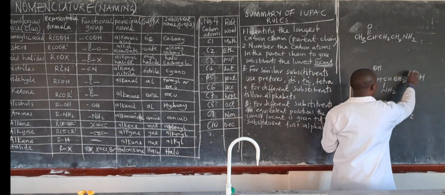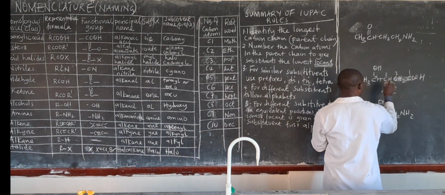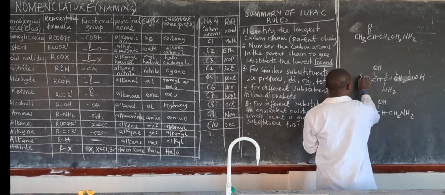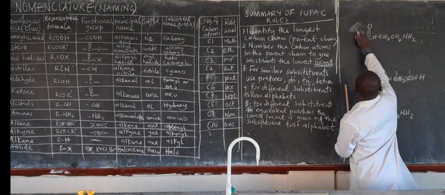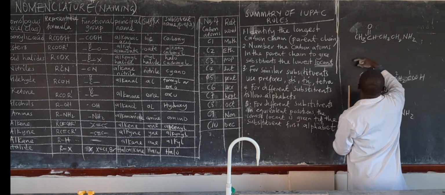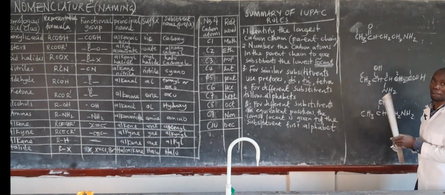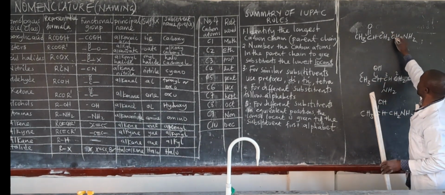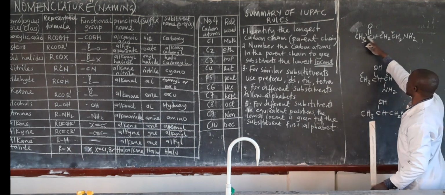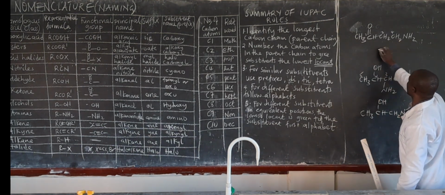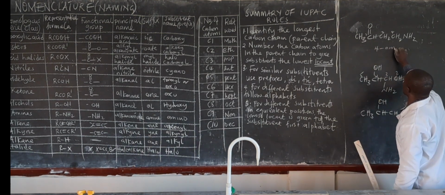So we number from it 1, 2, 3, 4, 5. Then this is 1, 2. Well, here priority is given to the carbonyl group because the amines come in later. 3, 4. So the correct numbering is this. So the amine is at position 4 for amino.